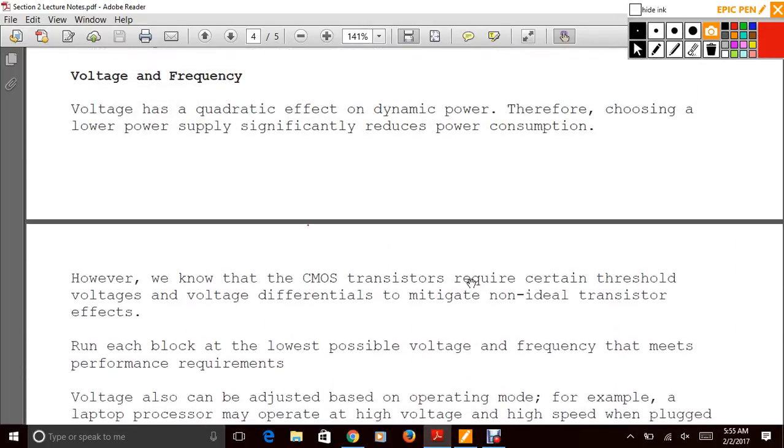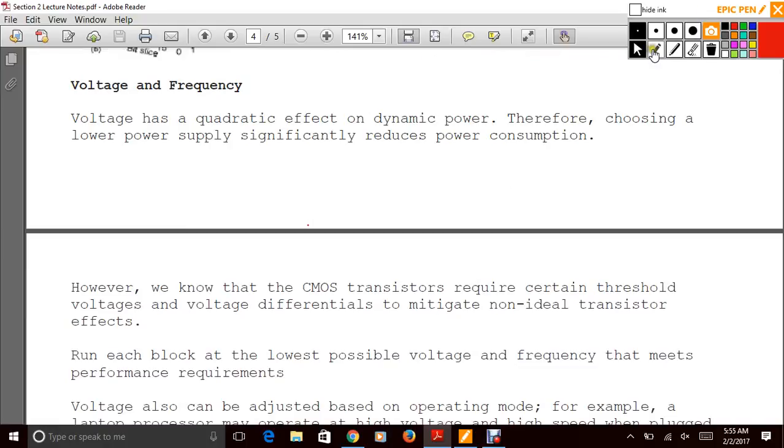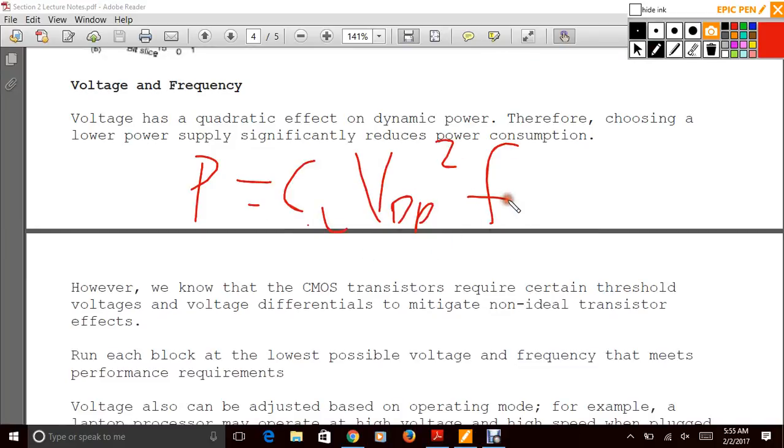So voltage and frequency. As we saw before, voltage is a quadratic effect in dynamic power. So we saw that it equals C_L times V_DD squared times the frequency. So that's our quadratic equation here.